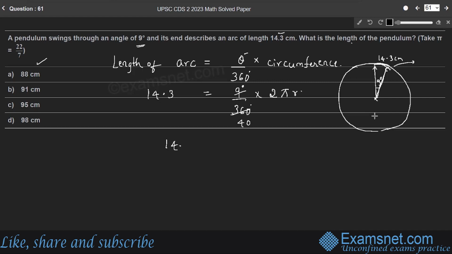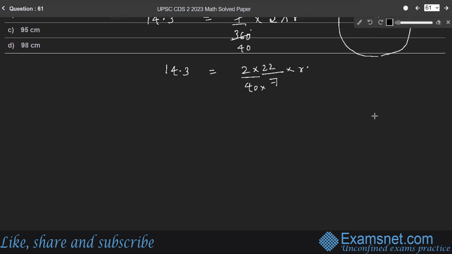So 14.3 is equal to 2 into 22 by 7, and in the denominator we have 40 into r. r is nothing but the radius of the circle. With respect to the clock, the length of the pendulum is nothing but r. Simplifying, 2 into 20, 2 into 10, 2 into 11.